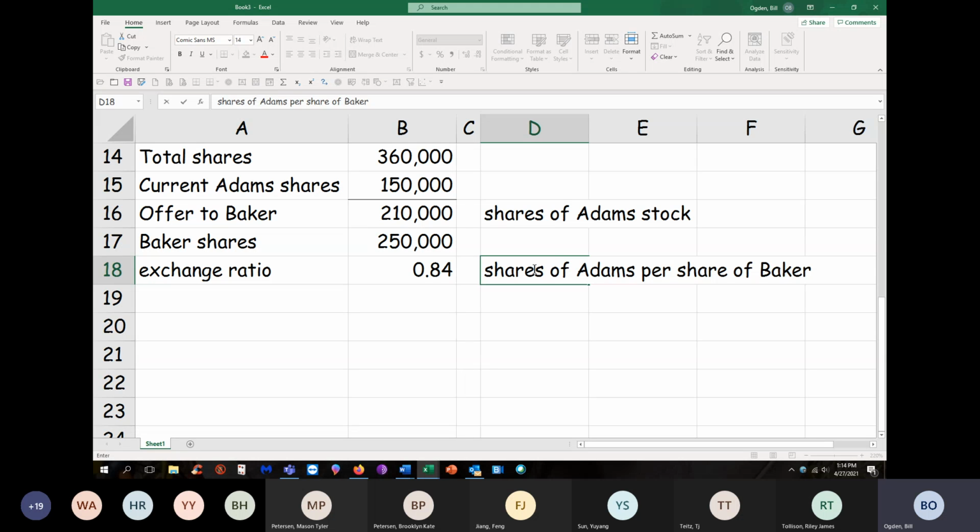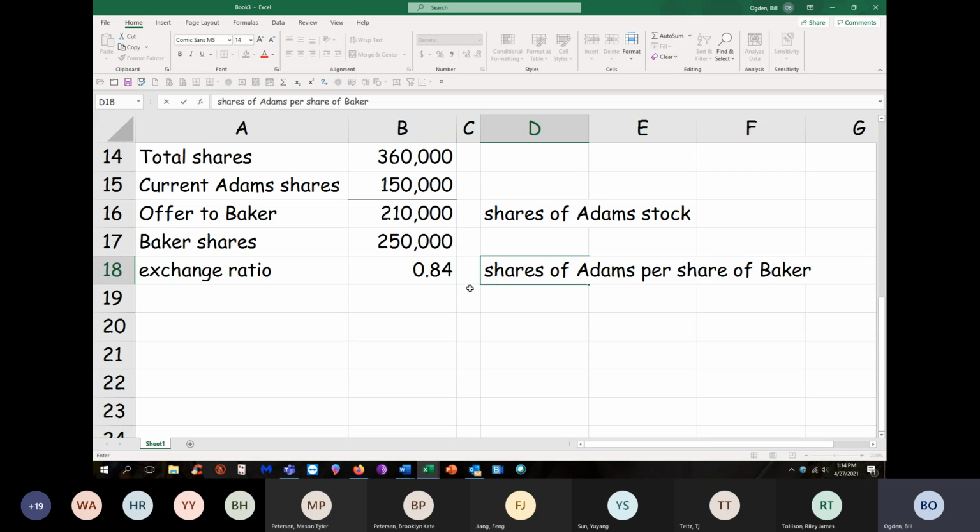So if you owned 100 shares of Baker, what do you now have after this is over? You have 84 shares of Adams, don't you? I mean, if your board of directors approves this acquisition, then you will now have 84 shares of Adams, and your Baker shares are somewhere in cyberspace.